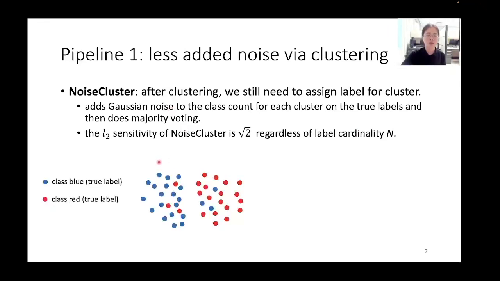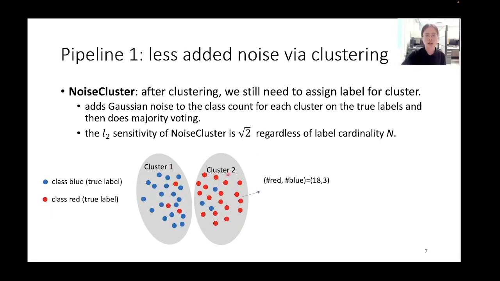Here is an example of the two-class case, where all the points here are with a true label. That is, the blue points are with true label blue, and the red points are with the true label red. After the unsupervised learning, we have two clusters, where cluster 1 has most blue points and cluster 2 has most red points. Let's look at cluster 2.